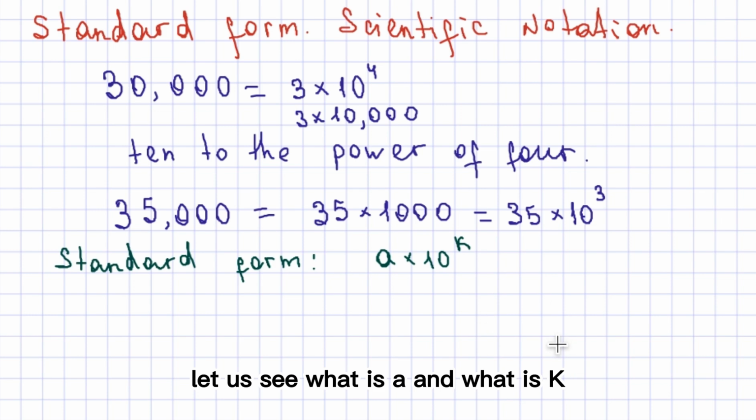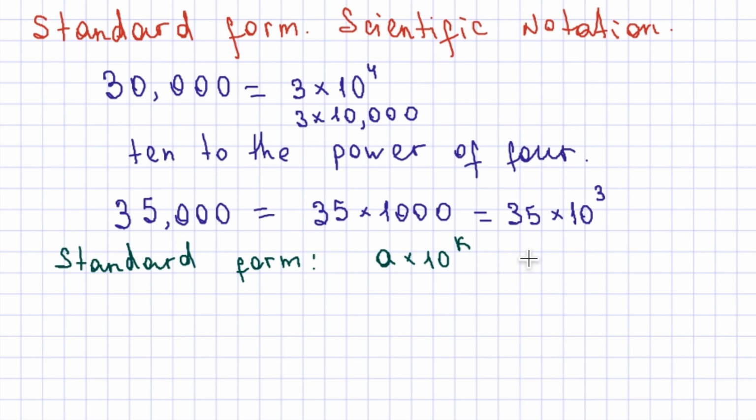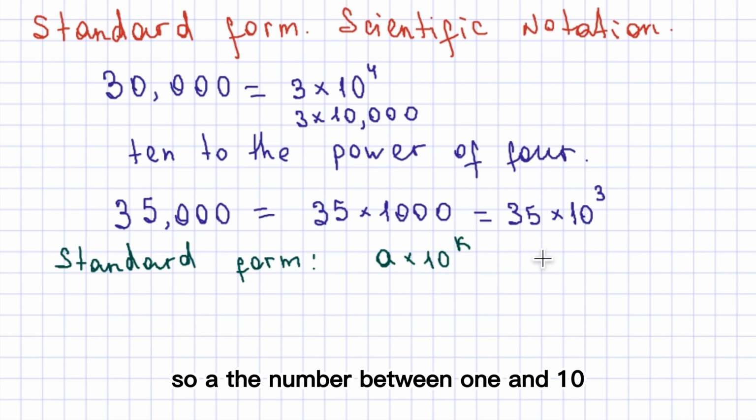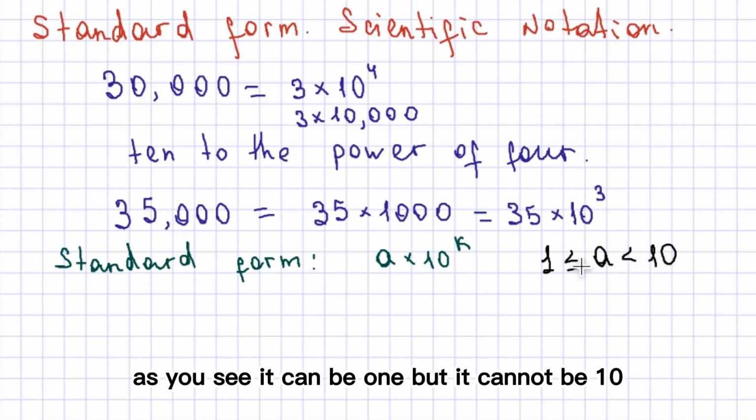Let us see what a and k are. So a is a number between 1 and 10. As you see, it can be 1, but it cannot be 10.